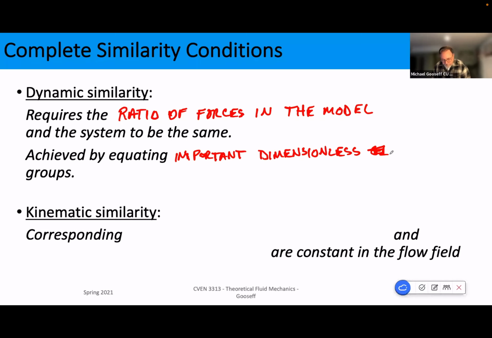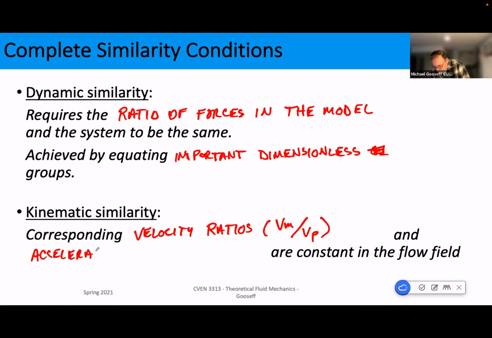Kinematic similarity is when we have corresponding velocity ratios, and so this would be like a V model to V prototype, right, in a particular part of the model, a particular part of the prototype, and acceleration ratios, A sub m, let's say an acceleration in the modeled domain divided by an acceleration in the prototype domain, are constant in the flow field.